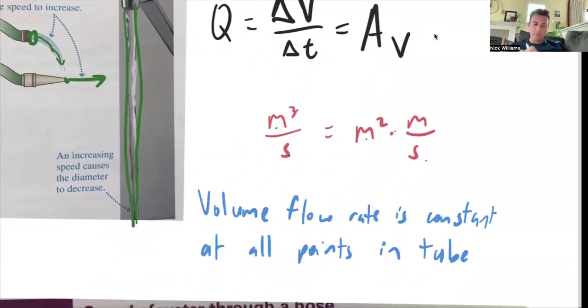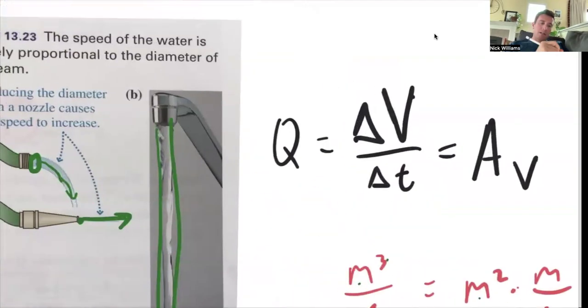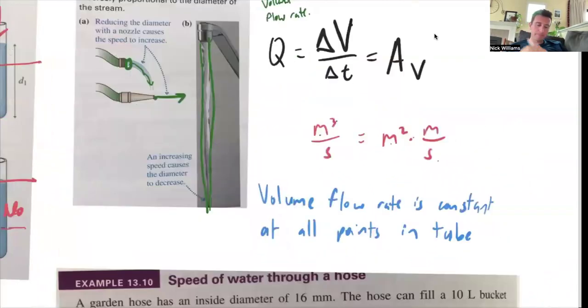The units match up. So volume flow rate is constant at all points in a tube. And Q here stands for volume flow rate. How much volume per time or how much area times speed. Same, same. And both are Q, volume flow rate.